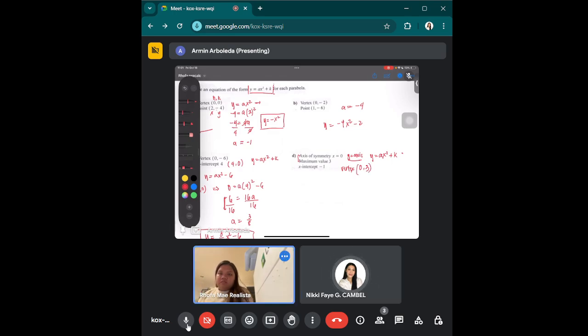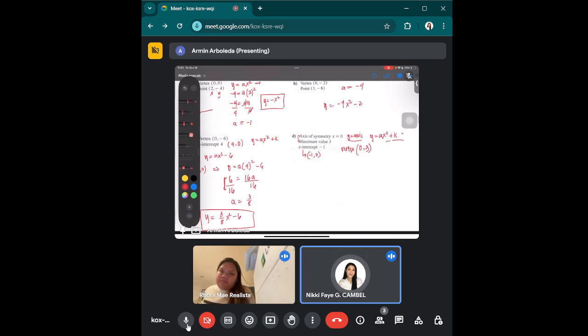How about the x-intercept? This is going to be -1 and 0. Then we're going to use this standard form to place the vertex: y equals a x squared plus 3. Substitute. What's our y? That's 0. So 0 equals a times -1 squared plus 3.